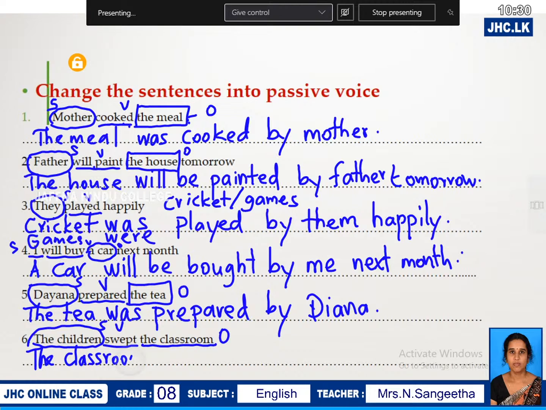Simple past and singular. So the be verb is was. Swept, irregular verb, past participle also swept. The classroom was swept by whom? By the children. Right? Have you understood?